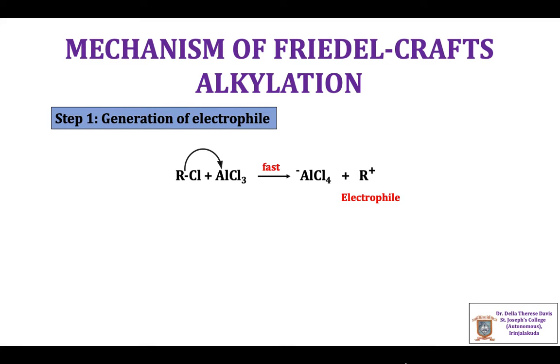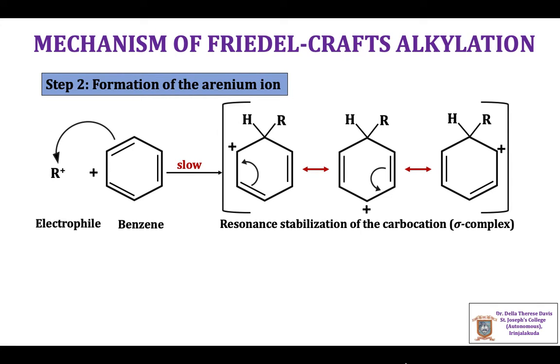Coming to the mechanism, the first step is the generation of the electrophile. The alkyl halide RCl reacts with AlCl3 to give AlCl4 minus and R plus, which is the electrophile. In the second step, the electrophile attacks the benzene ring to form the pi complex, which changes to the sigma complex, which is resonance stabilized. The resonance structures are represented here.